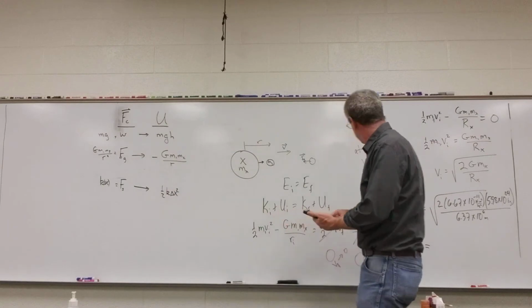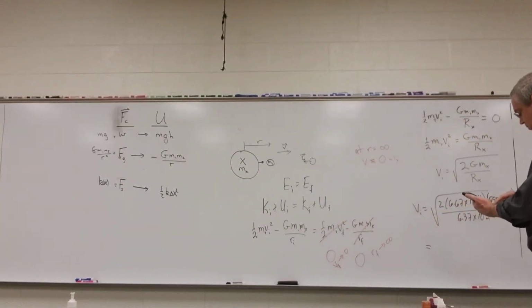Clear. All right. So I have 2 times 6.67 times 10 to the negative 11th times 5.98 times 10 to the 24th divided by 6.37 times 10 to the 6th.